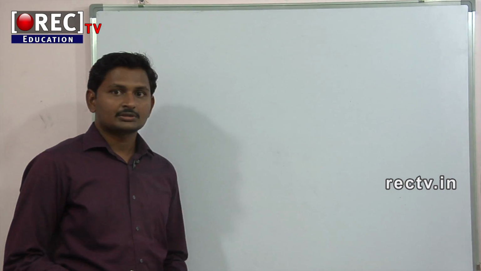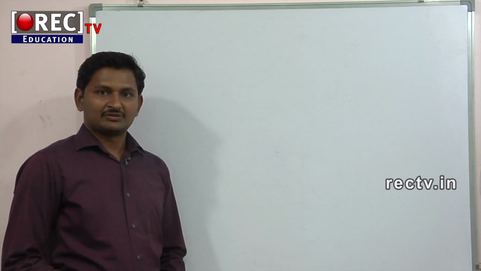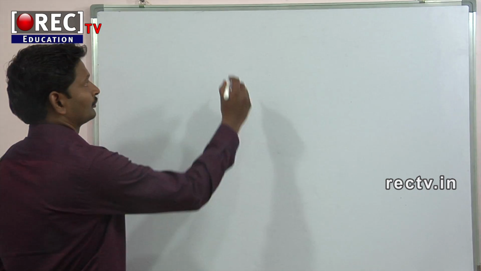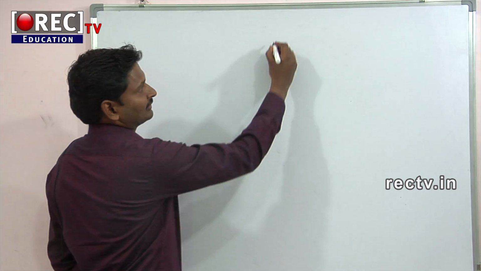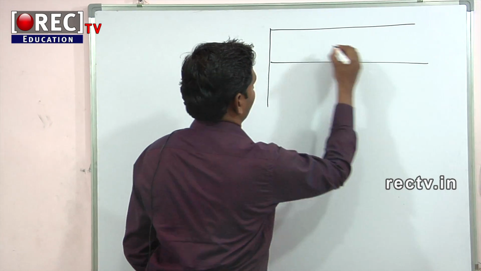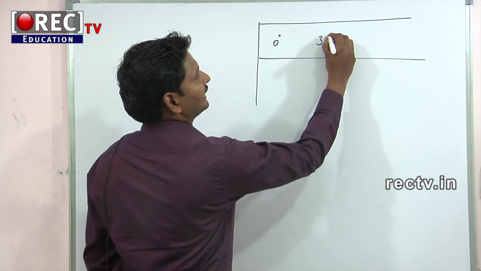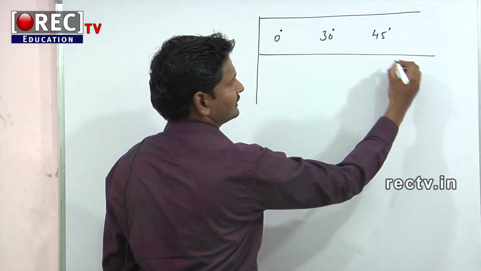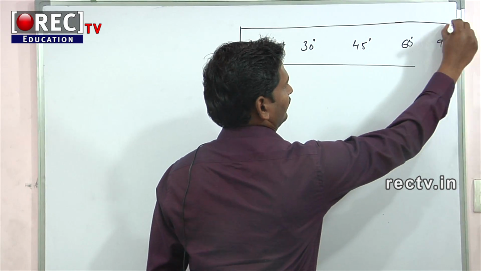Now the concept is values of trigonometric ratios at specified angles. First I will give you the table. After that I will explain how those came. 0 degrees, 30 degrees, 45 degrees, 60 degrees and last one 90 degrees.